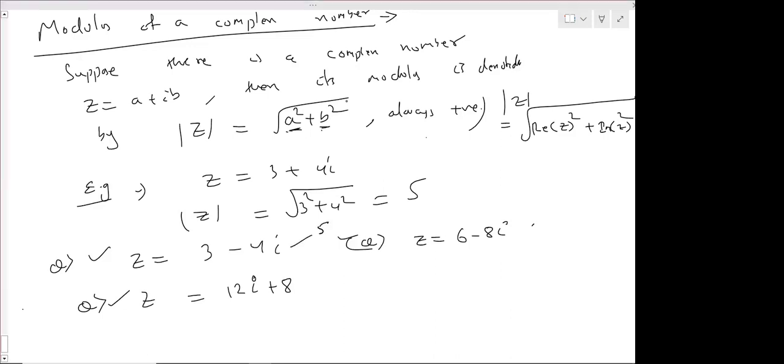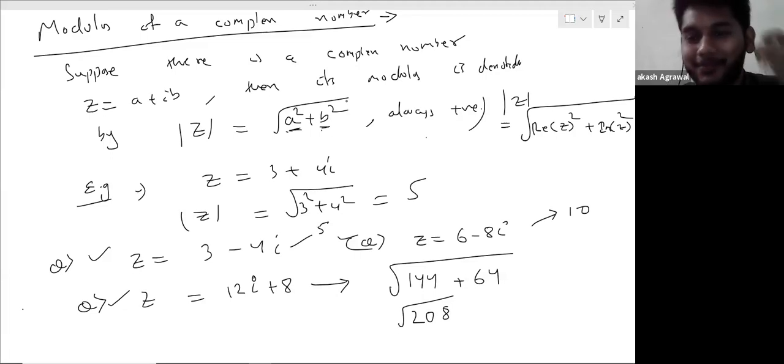This is 5. This is 10. And this is 12 square is 144, and this is 64. All right, 208 under root, 210. Yasser, how are you getting that? You forgot addition? Okay, no problem. All right. Best don't make silly errors, right? We do not want to give away our marks.